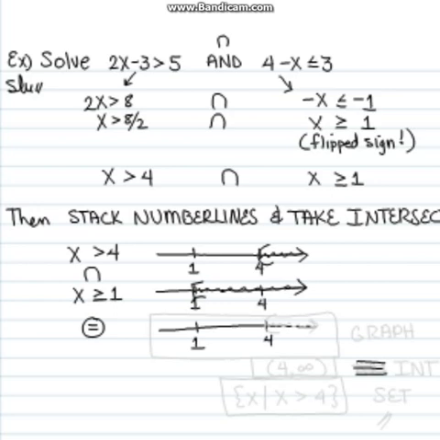Are those numbers between 1 and 4 going to be shaded or included in the inequality for the intersection? The answer is no, because the only way they can get in the intersection is if they are shaded simultaneously, in other words, included simultaneously in both of the sets above. They're only included in one of the sets above. That's not enough to get them into the intersection. So do not shade the region between 1 and 4 in the final intersection.